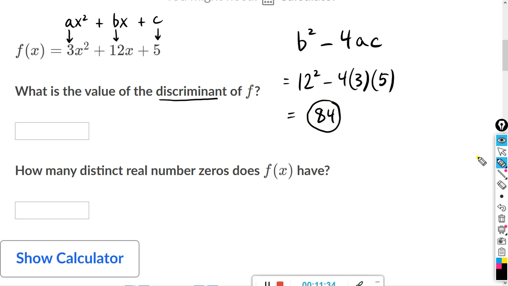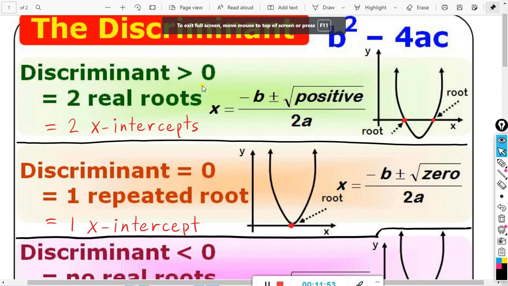So you just enter that in the box. And we said before, our discriminant is positive, greater than 0. So let's check the chart. How many distinct real zeros does it have? When the discriminant is greater than 0, it has 2 real roots.